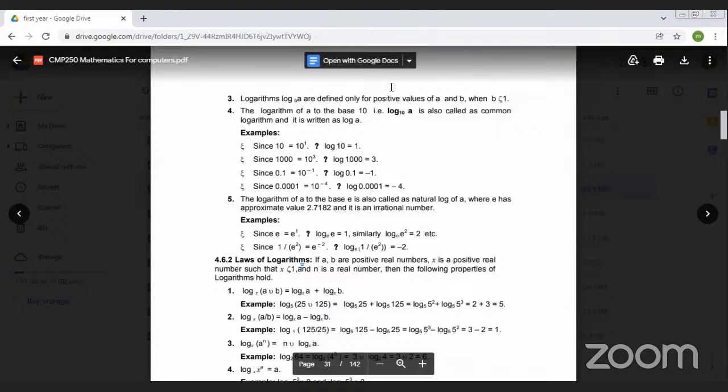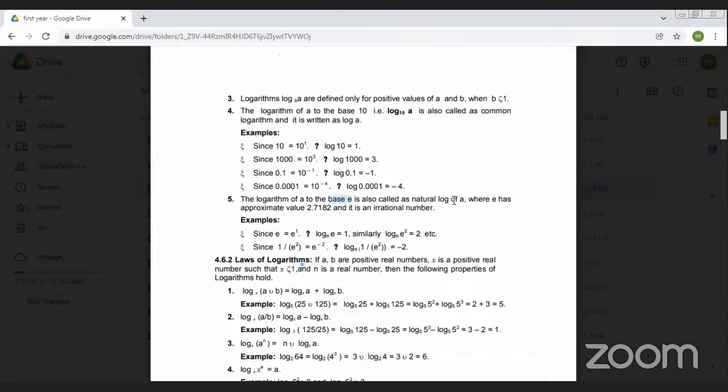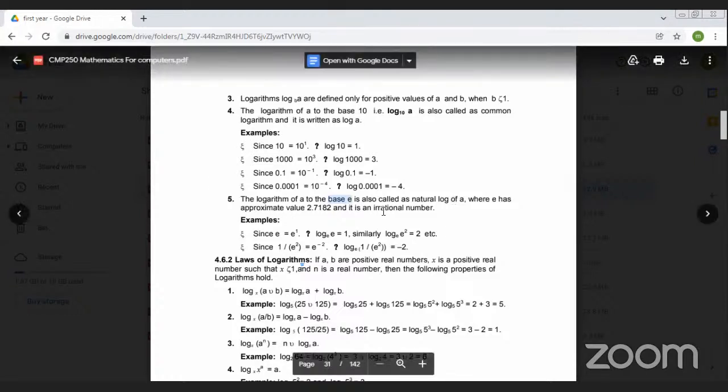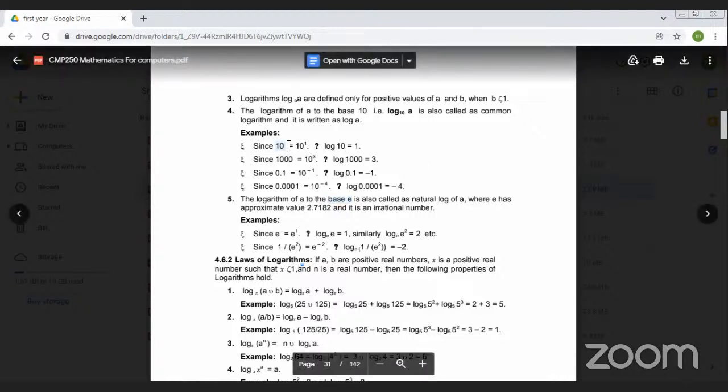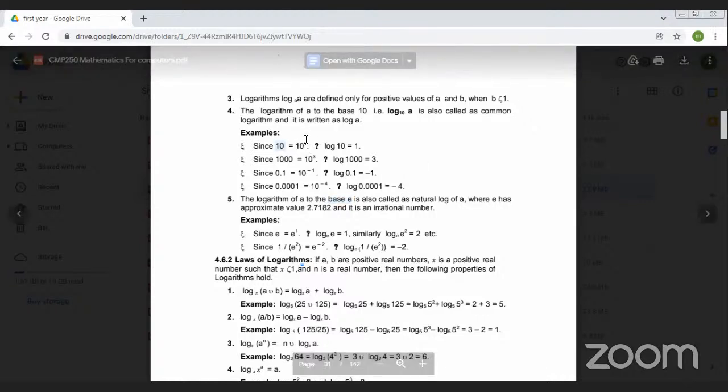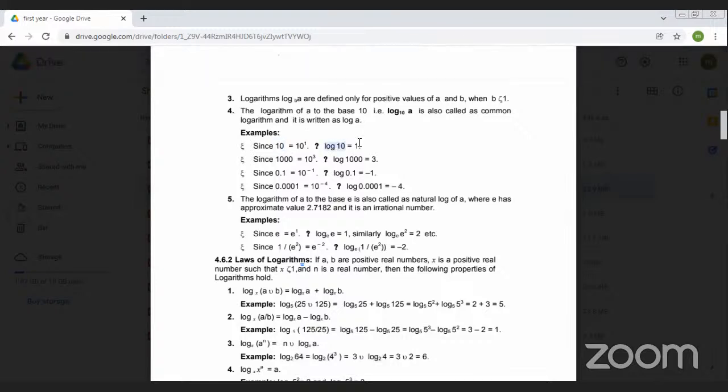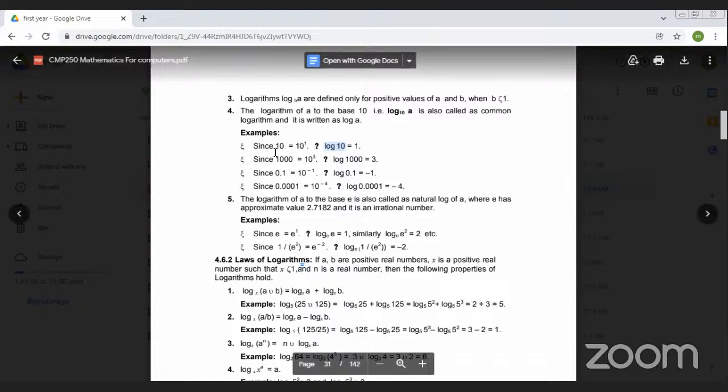It is called common log. And when the base is e of log a, then it is called natural log. See, both are there and both give you different terms. When you have 10, it is 10 raised to 1. So log 10 is 1. See, it is a simple way to understand.